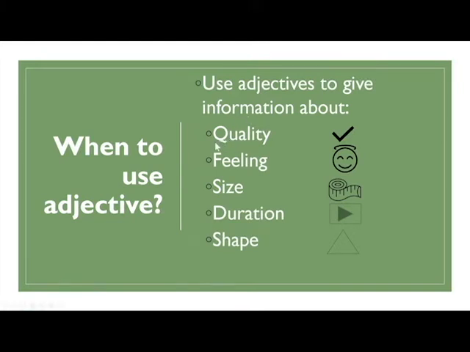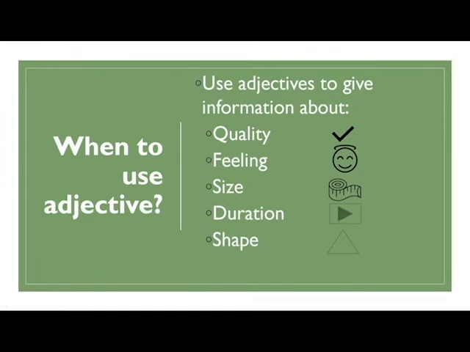So that's the examples of quality. And the feelings. In this category, we can talk about how we feel or how others feel. And how do we do that? We do that by using adjectives in English.